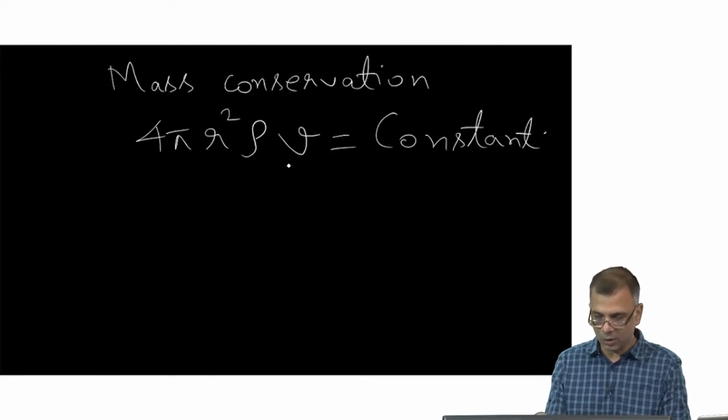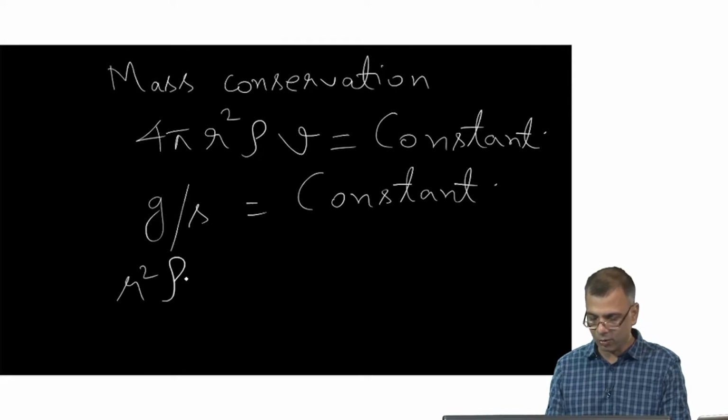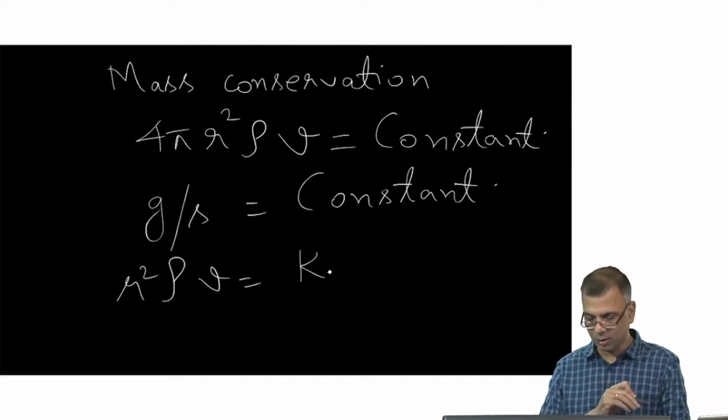So what this is essentially saying is that grams per second is equal to a constant. Equivalently, I don't need the 4 pi, as it can be absorbed in the constant. Therefore, I can write this as r squared rho v equals some constant.